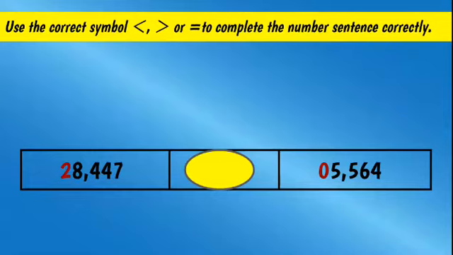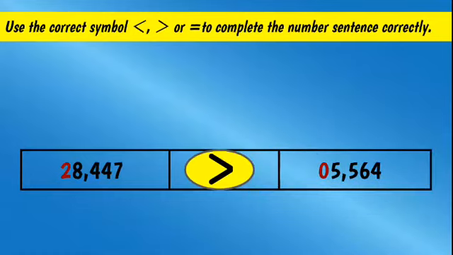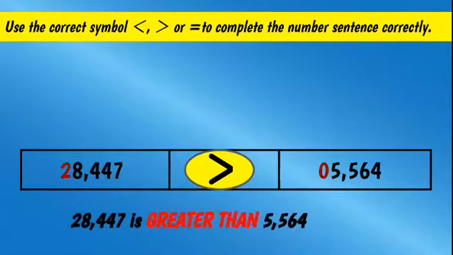So we're comparing 2 and 0. We see that 28,447 is greater than 5,564. So here we have a greater than symbol.